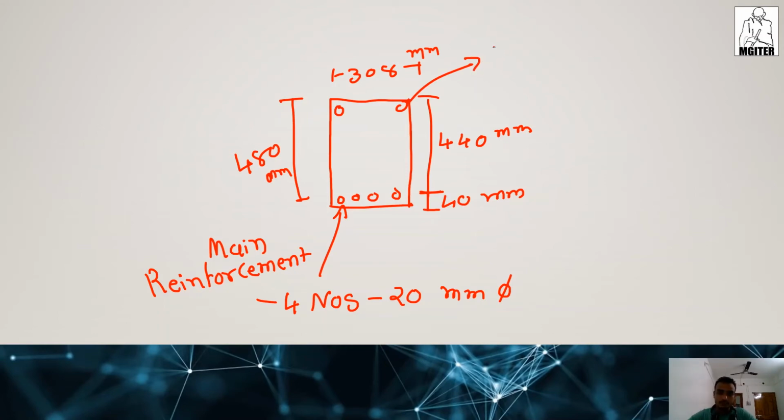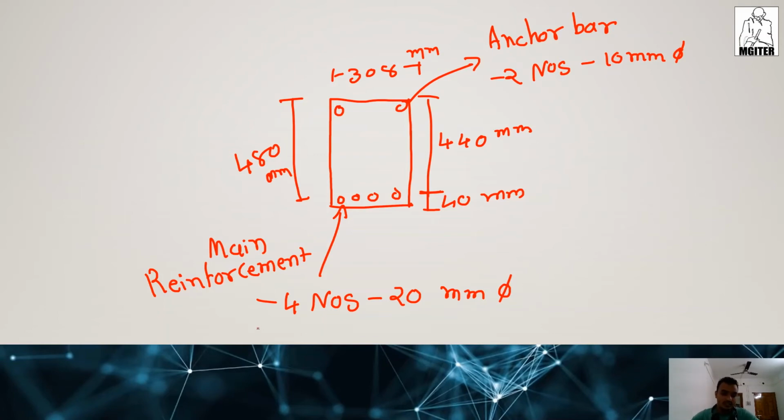Here is the anchor reinforcement. Anchor bar is provided for the stirrup support only. It will not resist any type of load. So we provide only 2 numbers of bar of 10 mm diameter. Complete.